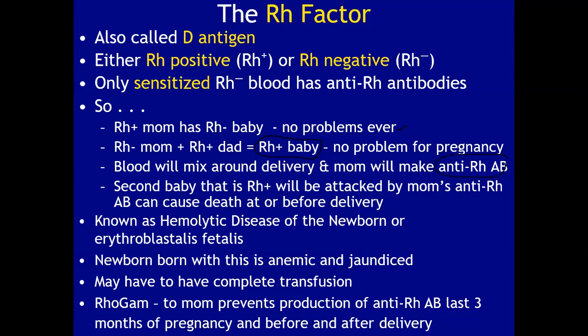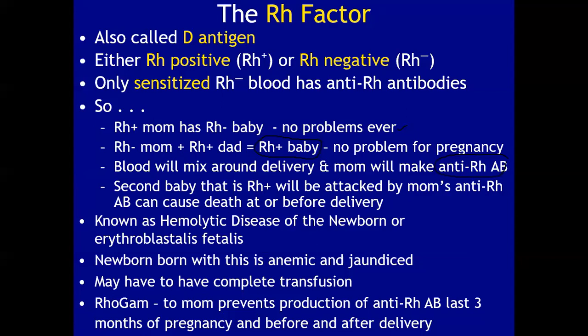So now the second baby that's born, if that baby is Rh positive, these antibodies that mom has made can move across the capillaries. Remember, the blood cells don't mix, but the proteins, the antibodies, can. So the Rh antibodies go across into the baby's blood and start attacking the baby's blood, and it can cause death.